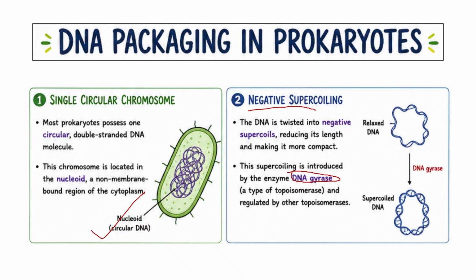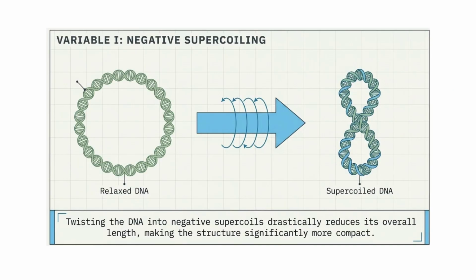Now see the next. Twisting the DNA into negative supercoiling reduces the length, because of which it can be packed into proper loops.